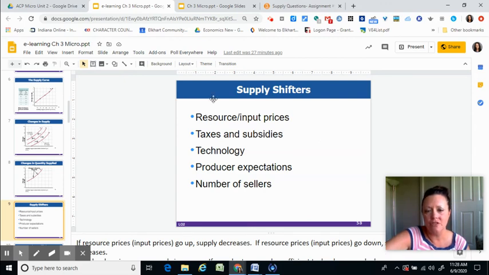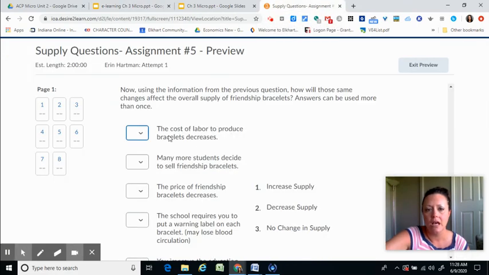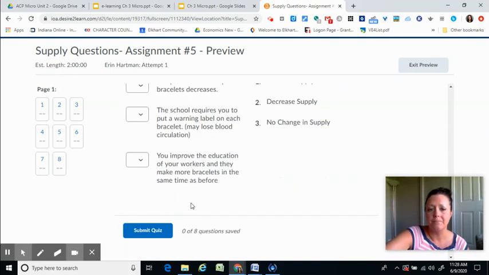These are our 5 determinants of supply. We said if resource or input prices change, that's going to shift the supply curve. So the cost of labor to produce bracelets decreases. If I'm a business owner, that's going to make my costs go down. Do you think that will increase my supply, cause me to decrease my supply, or cause no change in my supply? That's what you're doing here on question number 8.